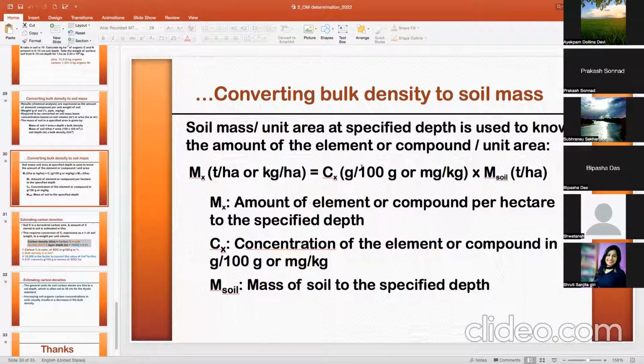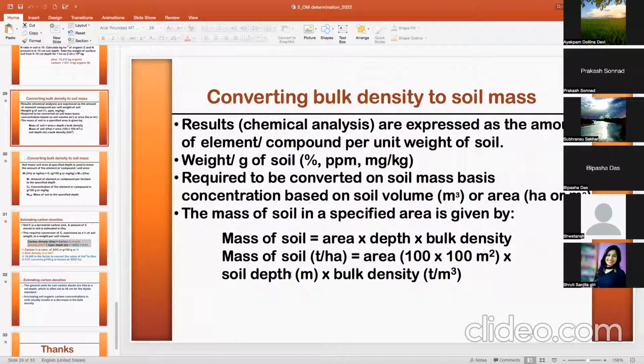You can put the organic carbon and then multiply by 2.24 into 10 to the power 6, and whatever comes, you multiply that by the bulk density of the soil. In calculating the mass of the soil, you can calculate from here: area 100 into 100 into soil depth into bulk density. So you can calculate the mass of the soil this way.